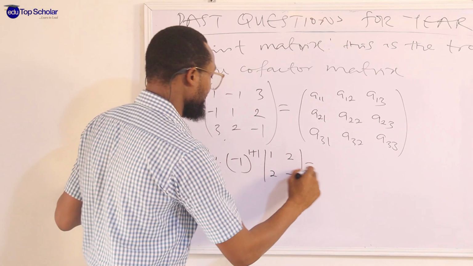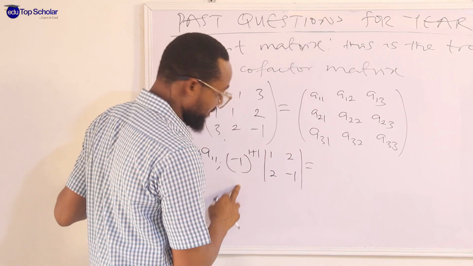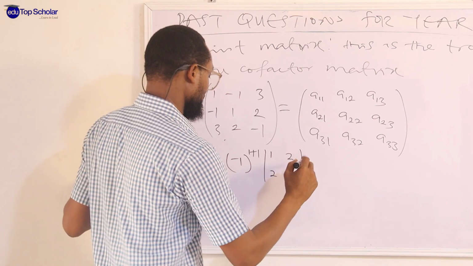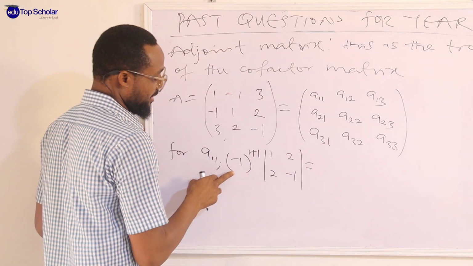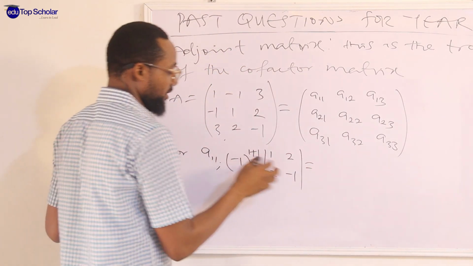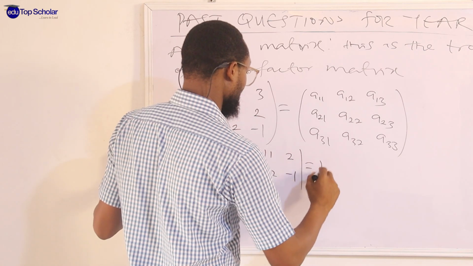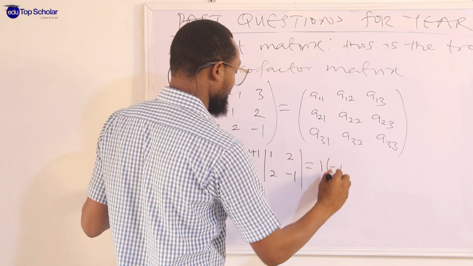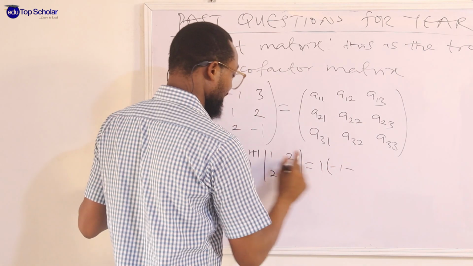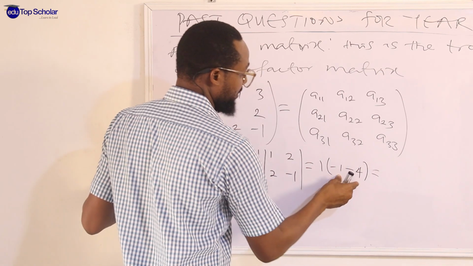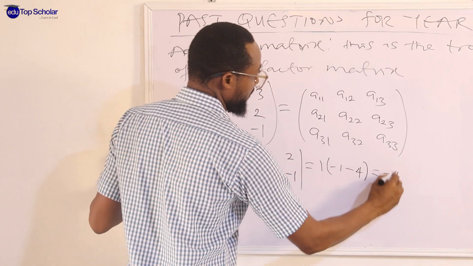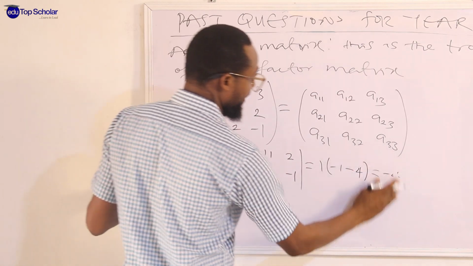This one is just to determine the sign. Minus 1 raised to power 2 will be plus 1. So we have minus 1 minus 2 times 2, which is minus 1 minus 4. This will be minus 5 times 1, minus 5.